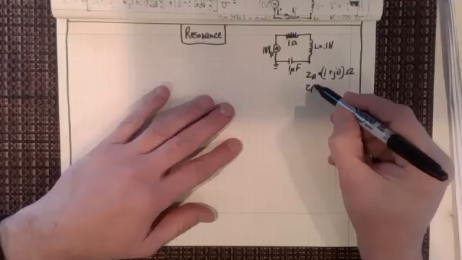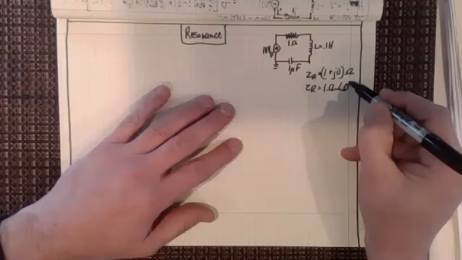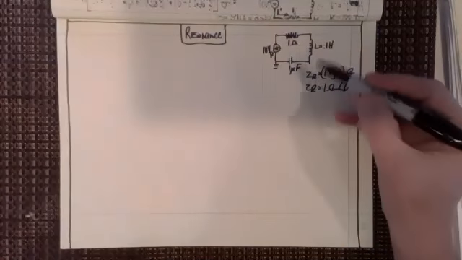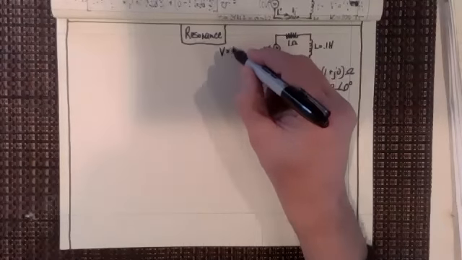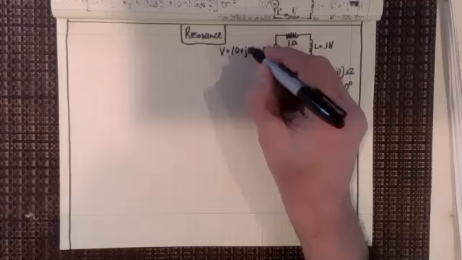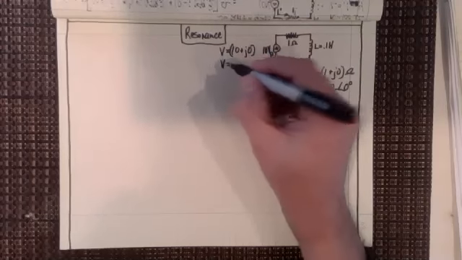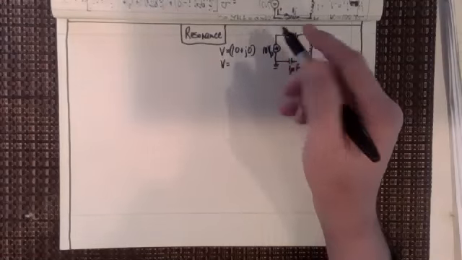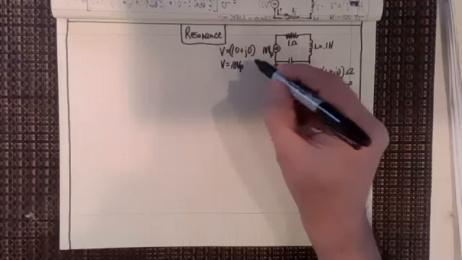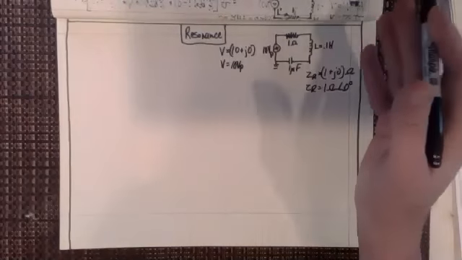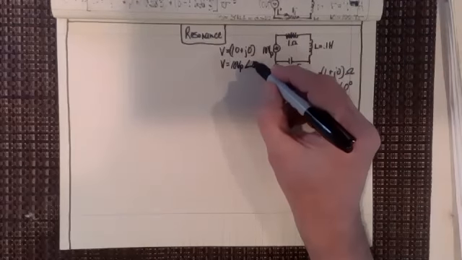We could also write Z sub R as 1 ohm at an angle of 0 degrees in phasor form. The voltage is going to be 10 plus j0 in rectilinear complex number form. And in phasor form, it would be 10 volts, peak volts in case we calculate power later on, at an angle also of 0 degrees.